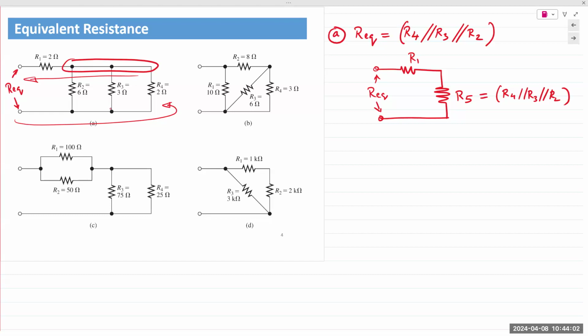That is mathematically, okay? Not physically, we're not combining anything. Mathematically and electrically speaking, we can note R2, R3, and R4 as one single resistor, R5, and R5 and R1 are in series, okay? So REQ is R1 plus R5.